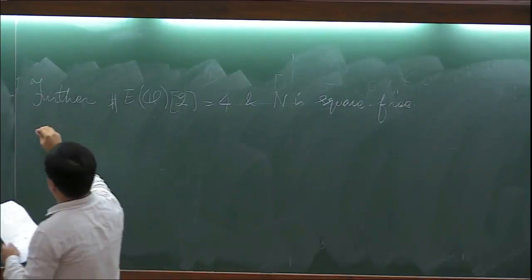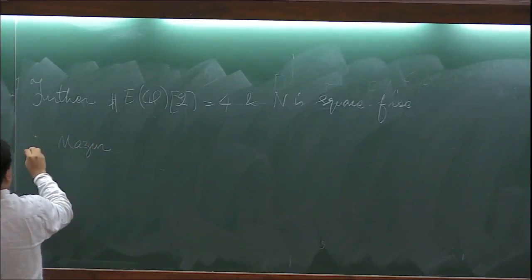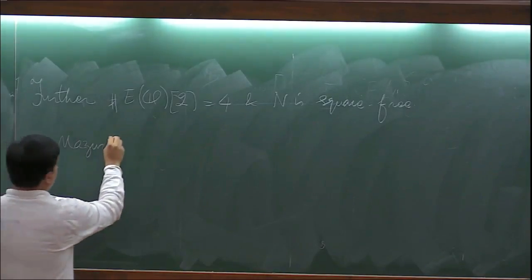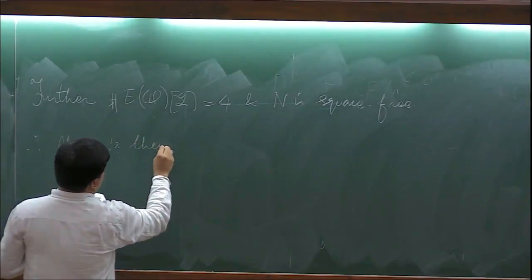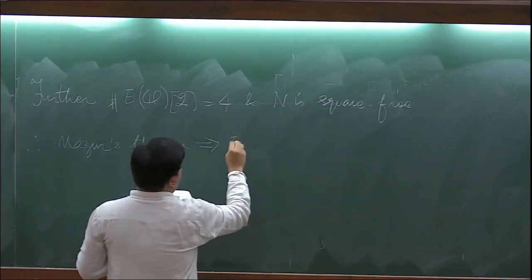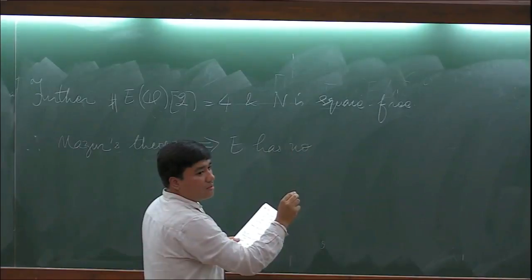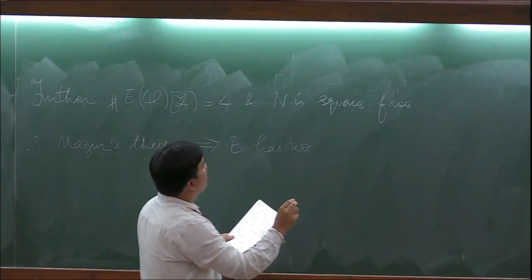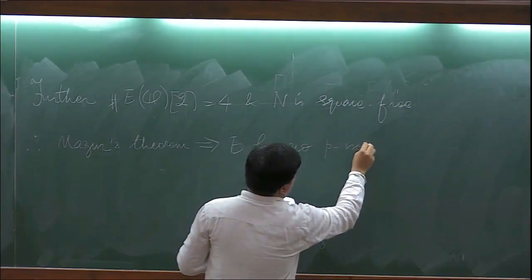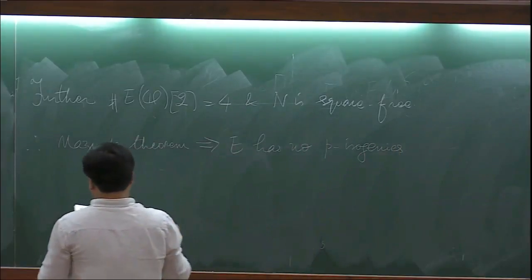Since n is square free, Mazur's theorem means that your E is a semi-stable elliptic curve. Mazur's theorem now implies that E has no p isogenies.